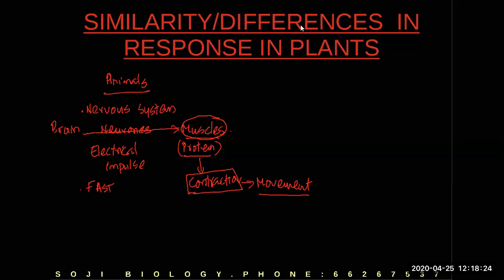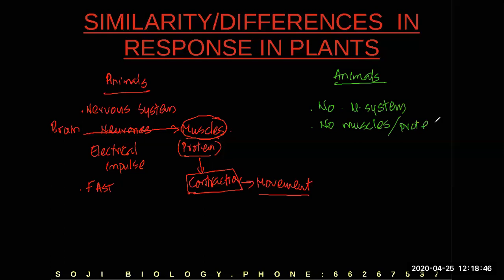But look at plants. What's wrong with the plants? If you look at them, you don't see a nervous system. They don't have a nervous system. That's one of the biggest disadvantages. Second difference, you don't see muscles. You don't see the special kind of proteins.